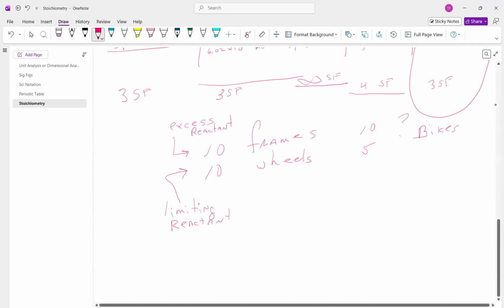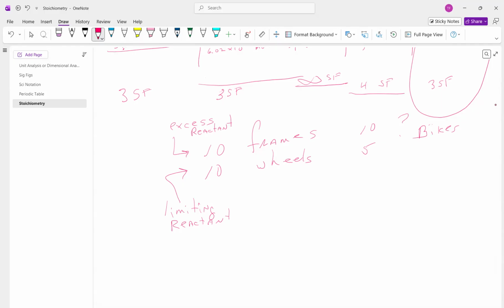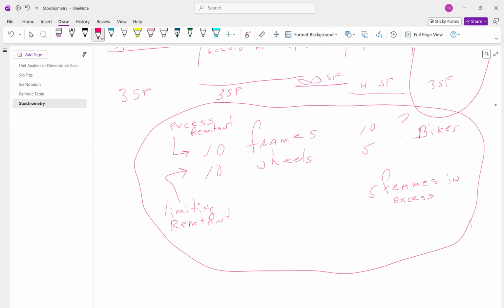So what excess did I have from this problem? 5 frames. Five frames in excess, because we don't have enough wheels to go around. And this is the essence of the chemical version I'm going to show you. And that's going to be your take-home test as well.